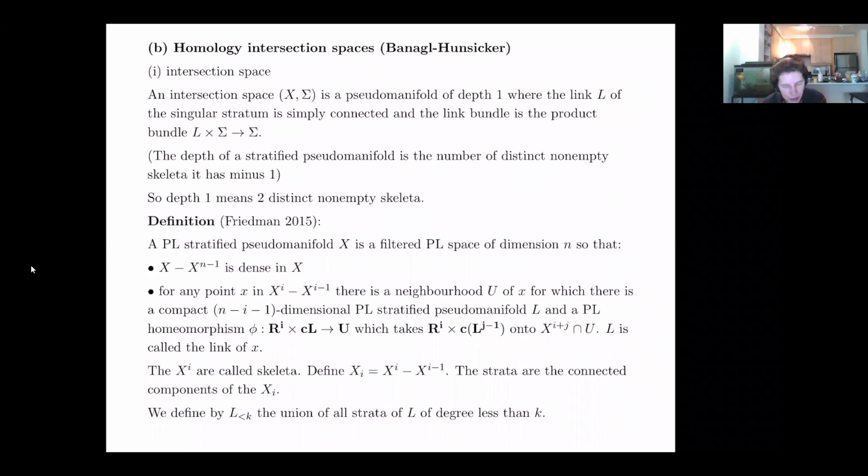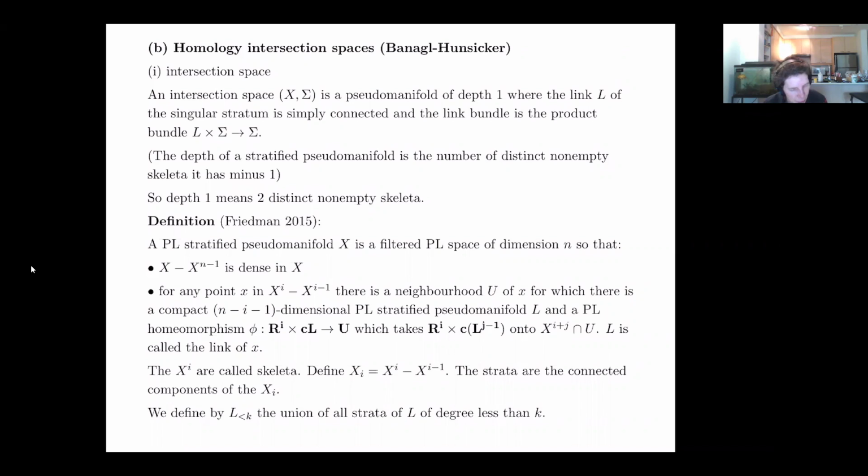Well, the examples show that we were able to compute in this particular example that the homology of the homology intersection space associated to the imploded cross section is not the same as the intersection homology.